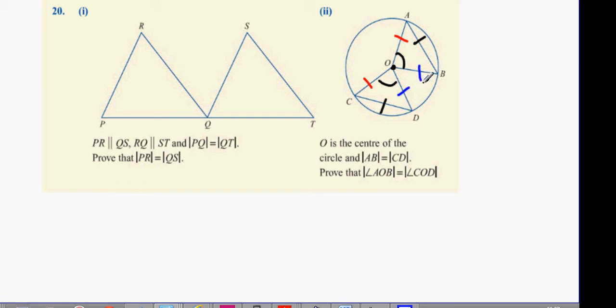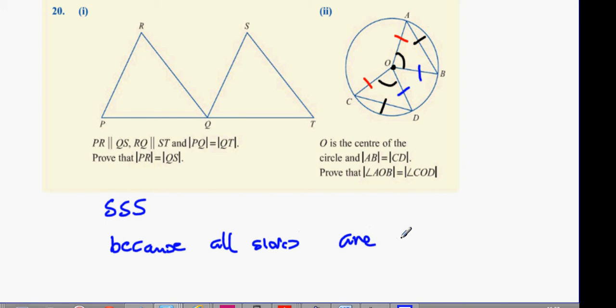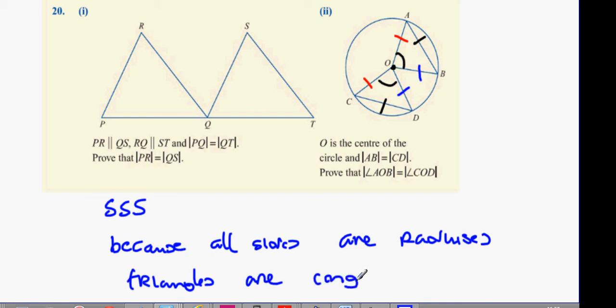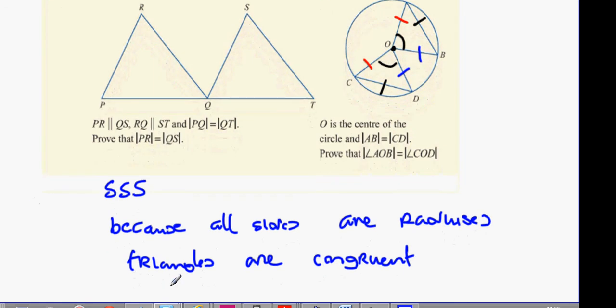So both triangles are going to be SSS, because all sides are radii. Therefore, what does that mean? Triangles are congruent. This means that angle AOB must equal angle COD.